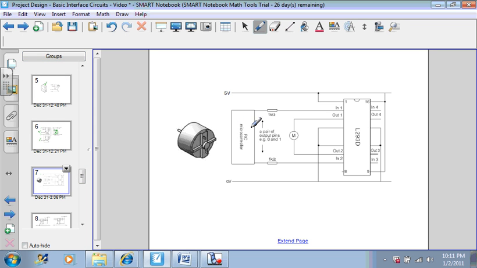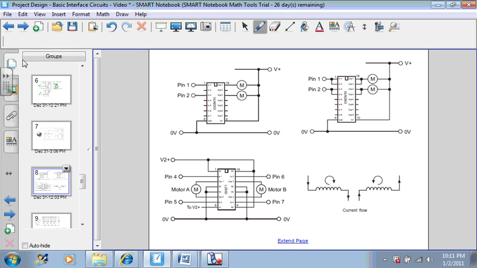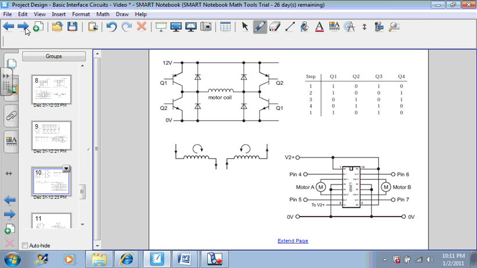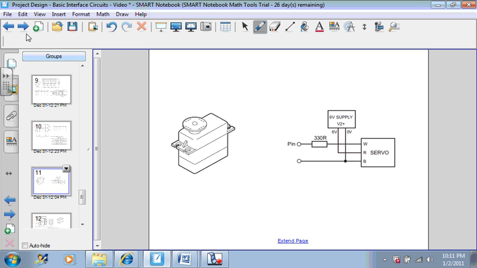Here is a microcontroller using a special chip to drive a motor in positive and negative directions. And as you can see, we have many examples of different types of components and circuits.